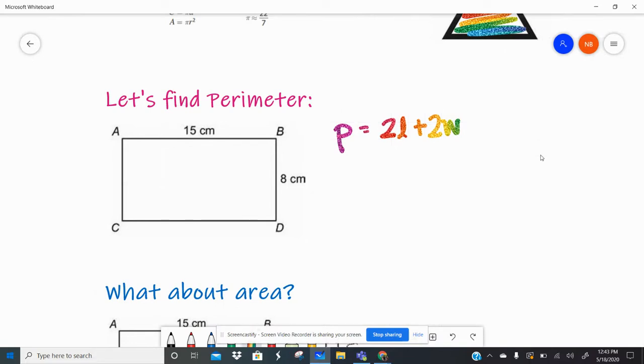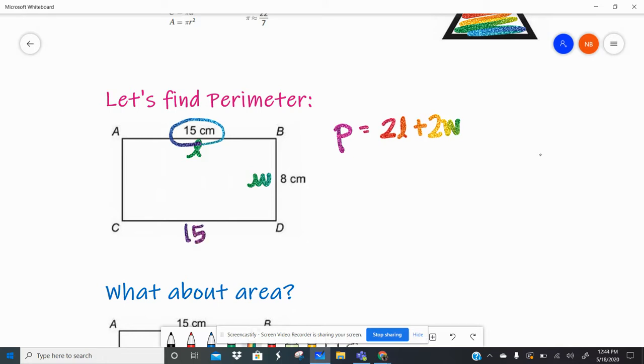So there's a couple ways you could do this. You can just straight up use that formula and plug in what you know. Length is kind of like side to side. Width is that up and down kind of scenario. So length would be 15 for this shape. Width would be 8. If you're kind of confused about the formula, we know that if this side is 15, then this side is 15, right?